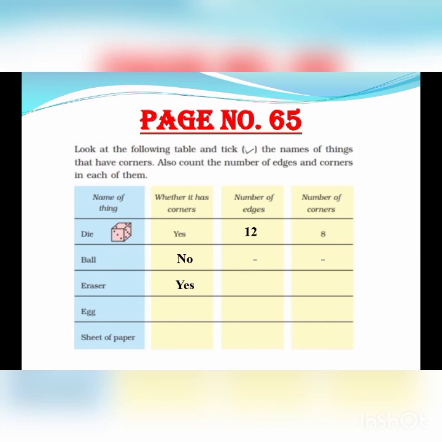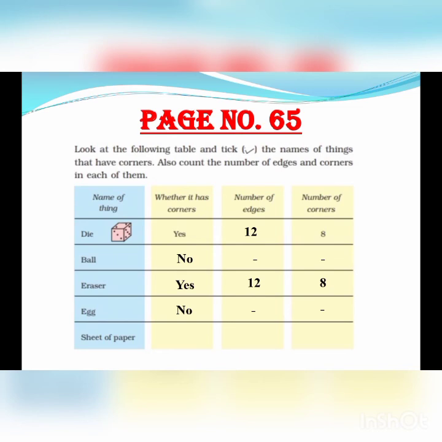So there are 12 edges and 8 corners. Next thing is egg. Yes, we know that an egg has no corners as it is round in shape. So we will put a dash here and here also.